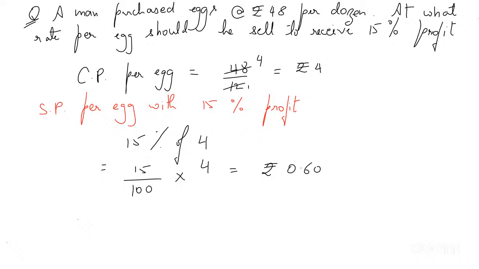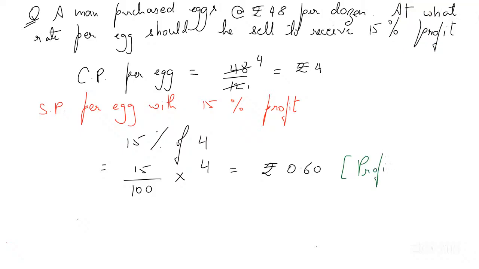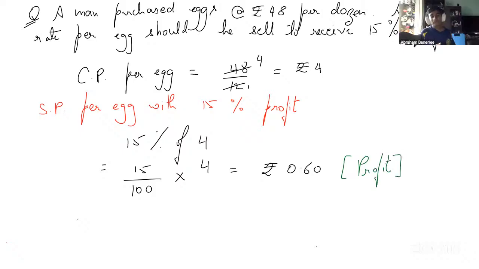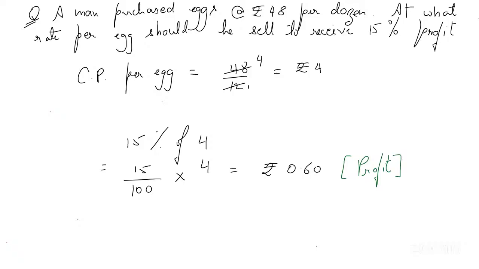Then you add the profit to the selling price, 4.60. Yes. You can write this as calculating profit to avoid confusion. You're calculating profit with the help of profit percent.